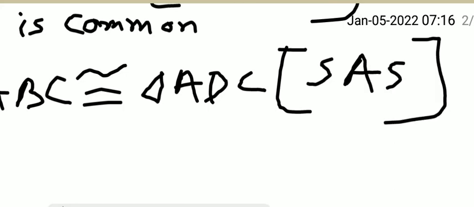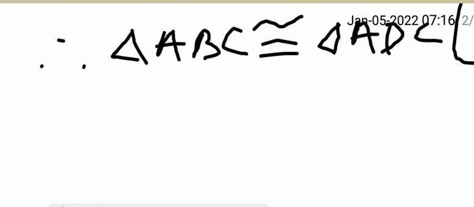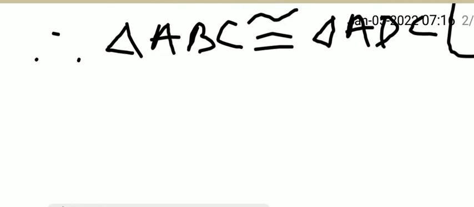Since these two triangles are congruent, therefore you can write AB equal to DC by CPCT.